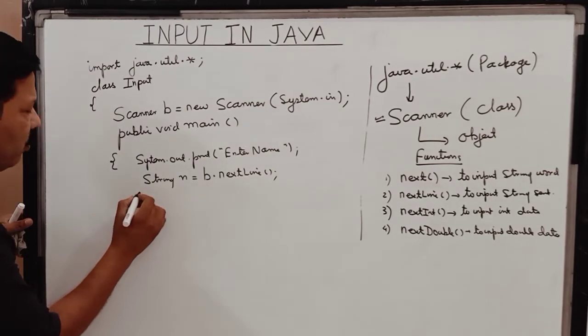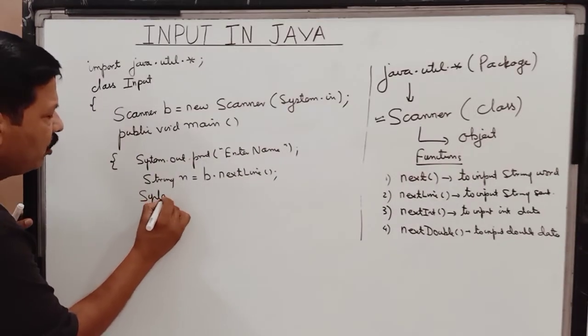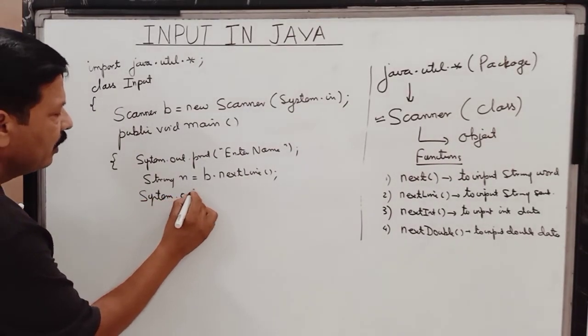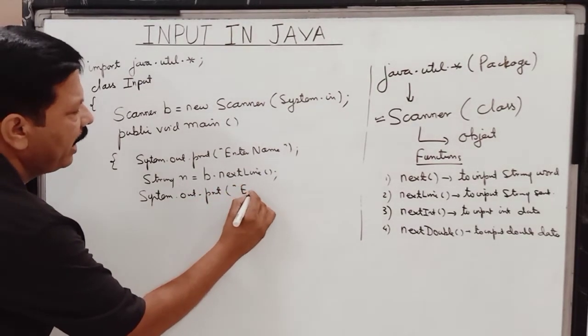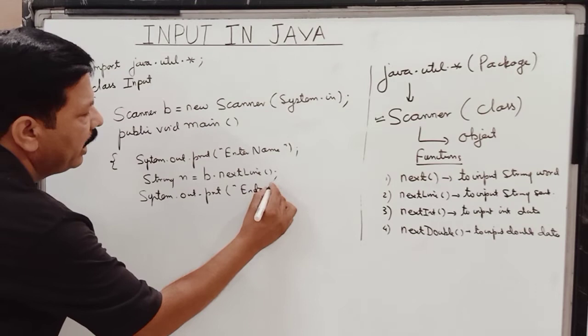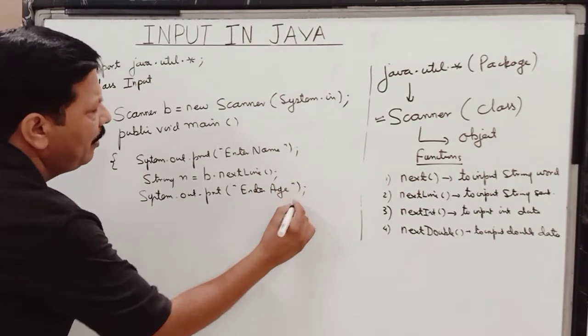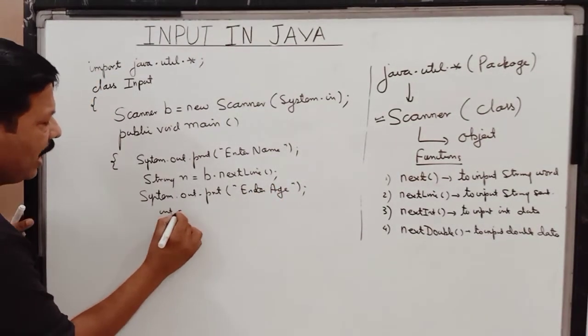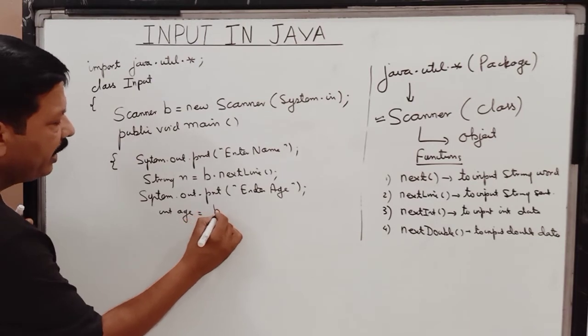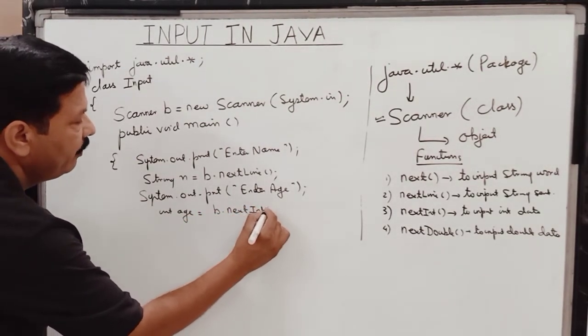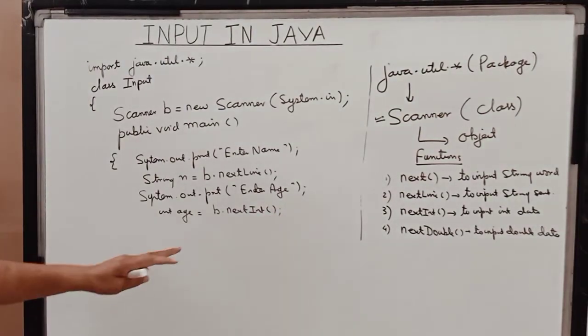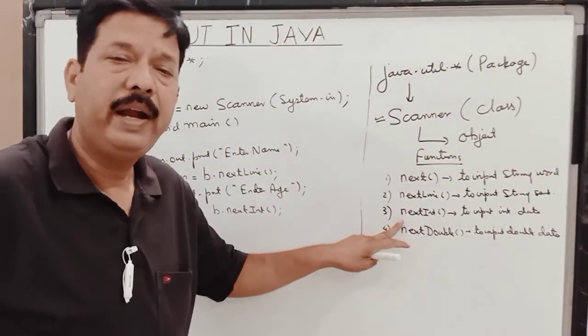Now children, I am going to give you an example. Say if I want to enter an integer value, say I want to say enter age, example I am giving, and I say int age is B dot next int. So this is the function I have used, next int, and this is going to enter an integer value.